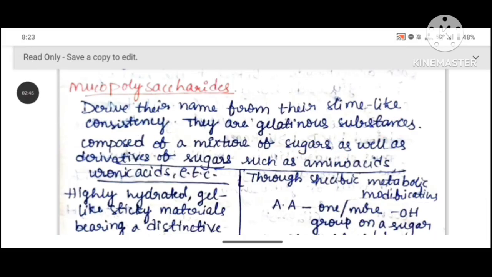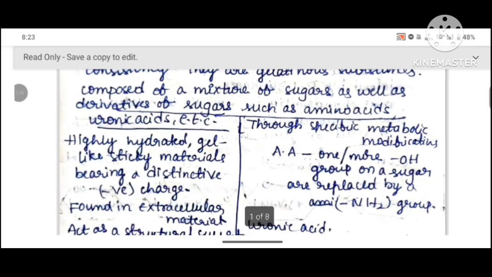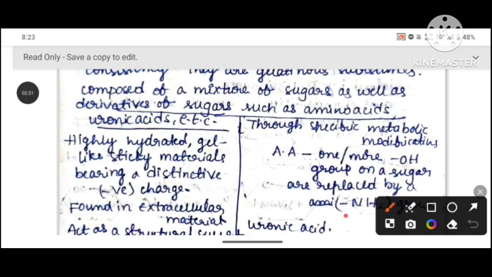For example, the amino acid structure consists of amine groups, whereas the carbohydrate or sugar structure consists of polyhydroxy groups. How can an amino derivative be obtained from a sugar?